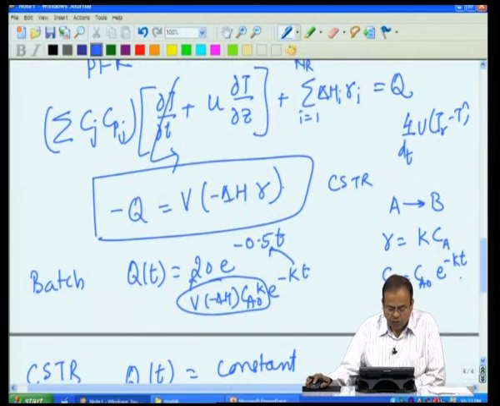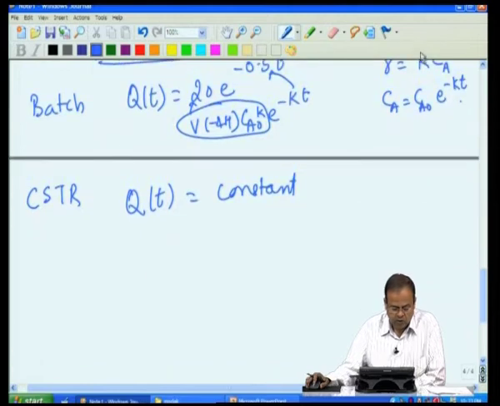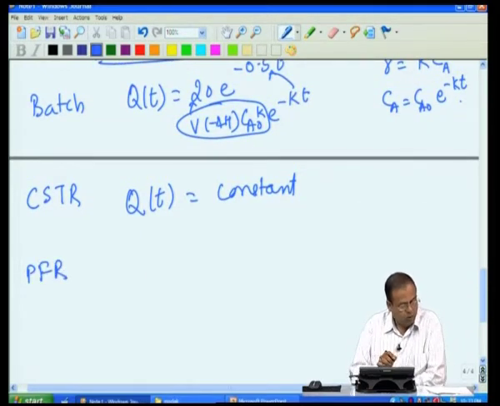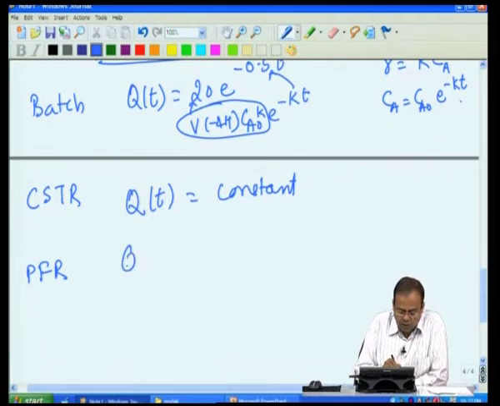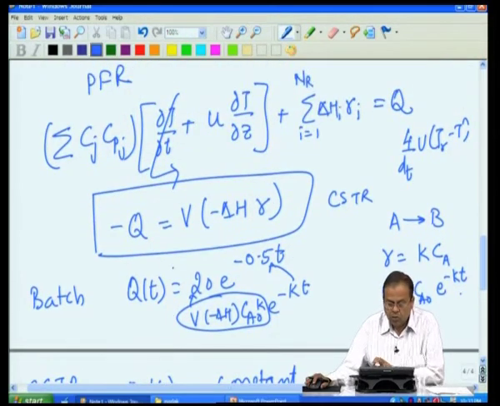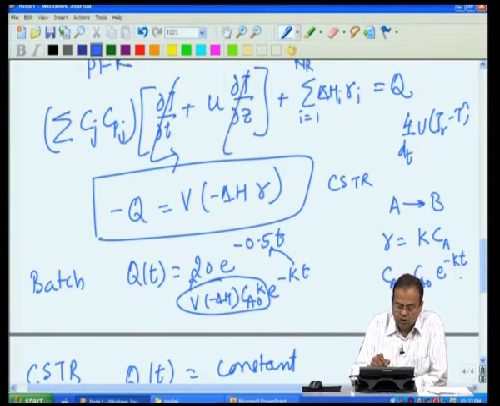What happens in a plug flow reactor? The plug flow reactor equation is also the same. So, what will happen for a plug flow reactor? Again I will say my Q, if we go back over there, now all these terms are 0.